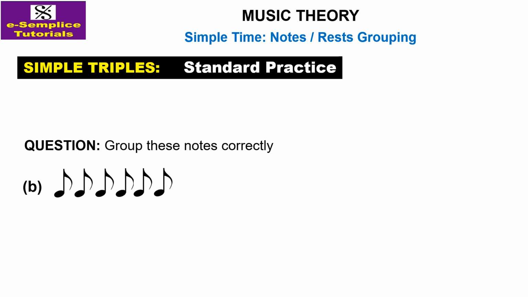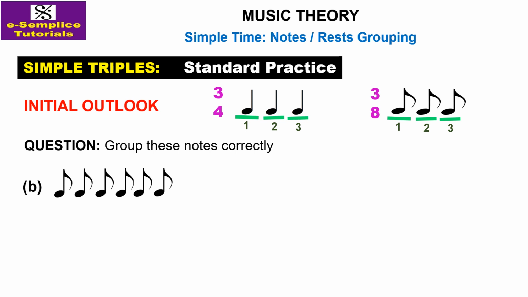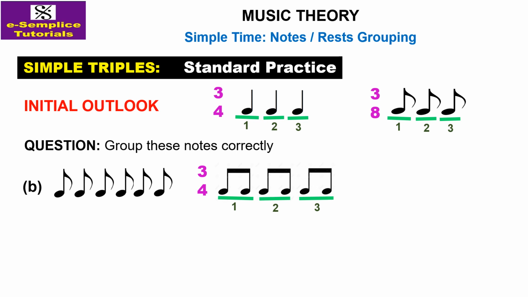Still on simple triples, group these notes correctly. The initial outlook, never lose sight of that because that's your guide. 3/4 time, beat 1, beat 2, beat 3. That's beat 1, beat 2, beat 3. That's correct. Standard practice.